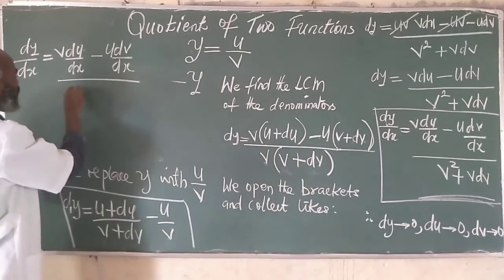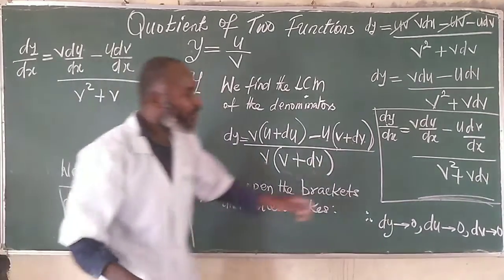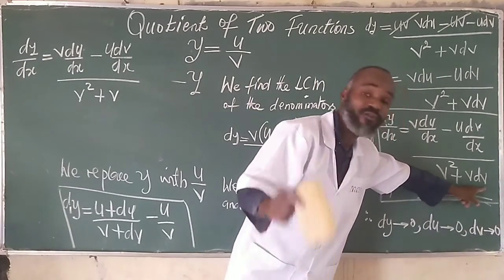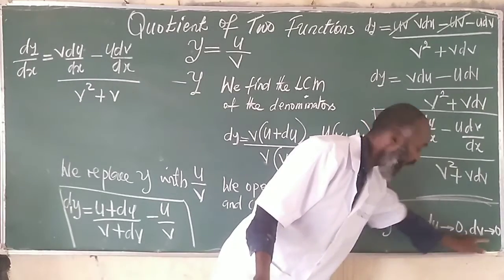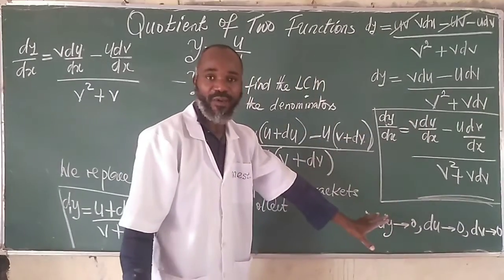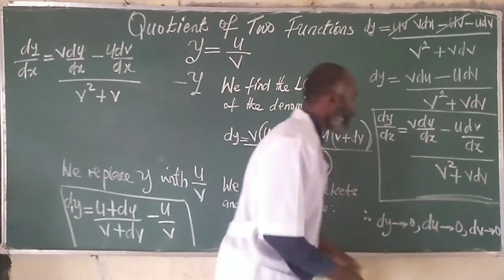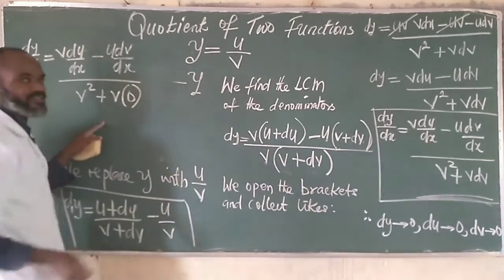All over v squared plus v. Instead of writing dv again, we have concluded that dv tends to 0, as this factor as well tends to 0, right? But our interest is dv tending to 0. So we now replace dv with just 0 and close it.